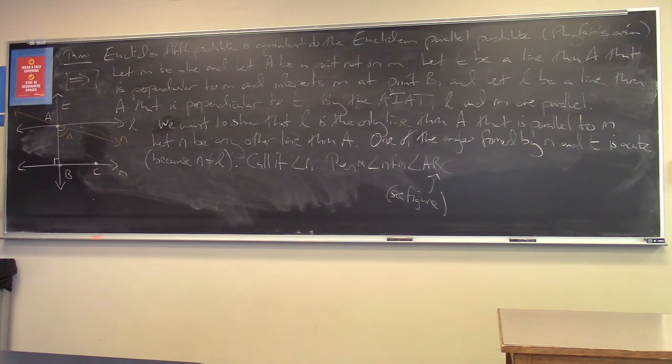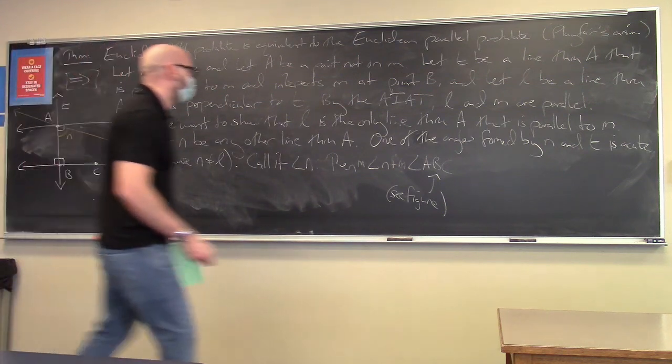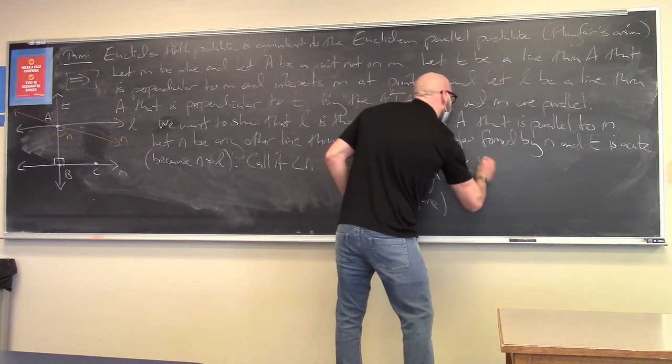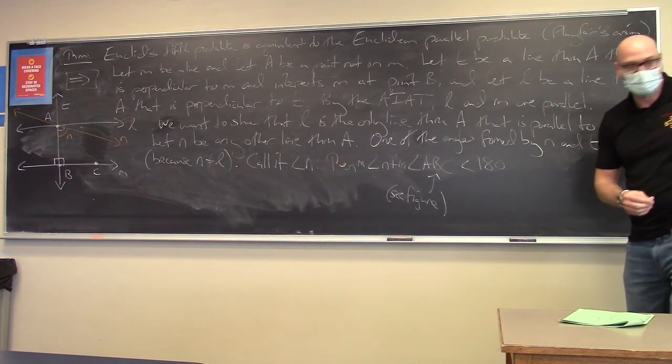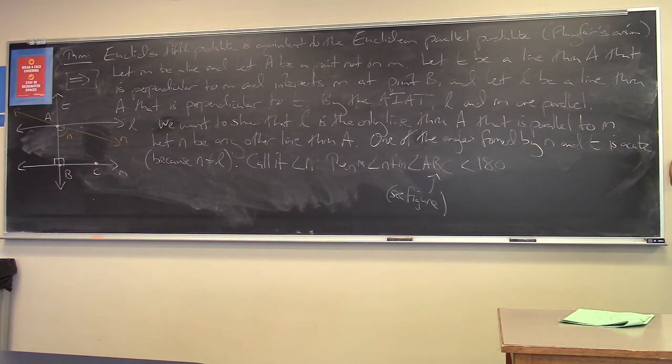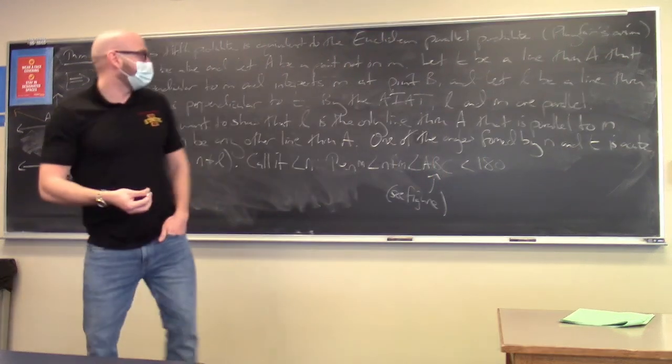What's true about the sum of these angles in relation to 180 degrees? It's less than. Less than, right? This is 90, this is less than 90, so in sum they're less than 180 degrees. What does that mean? We're trying to show that if Euclid's fifth postulate is true, then Playfair's postulate is true, right?